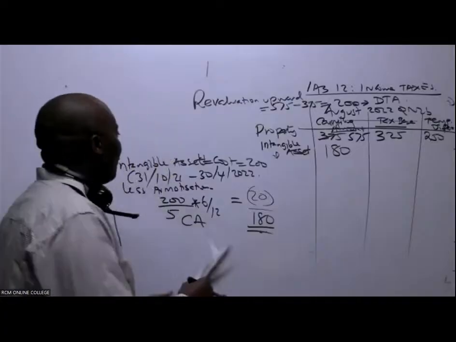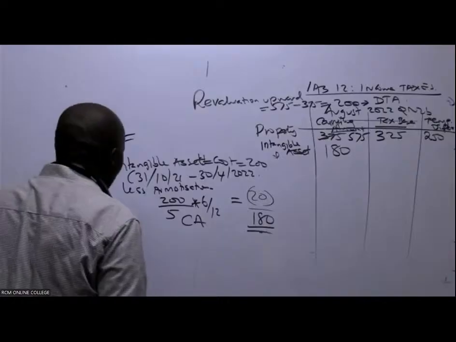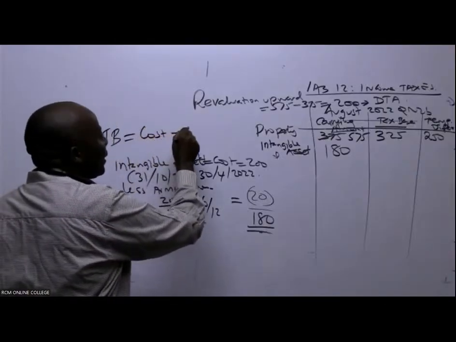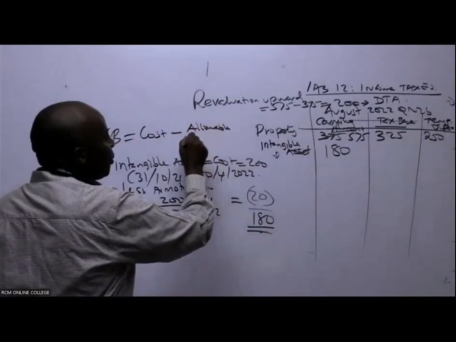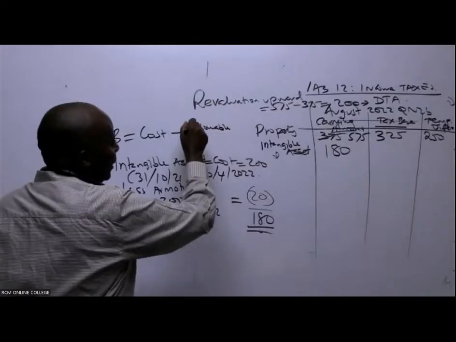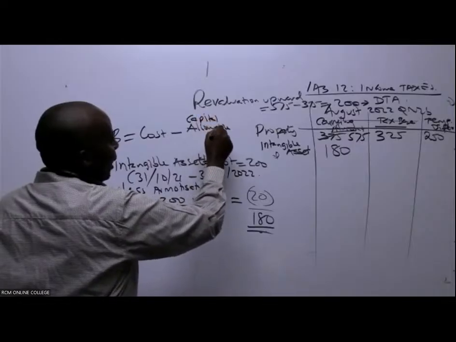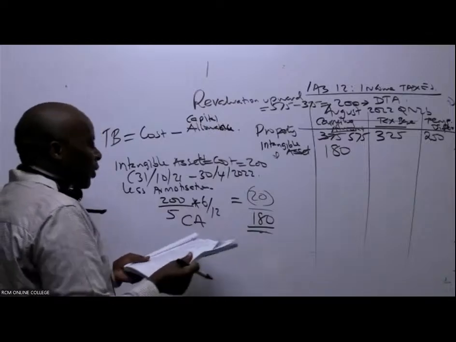So, ladies and gentlemen, remember for the tax base, and I'm explaining this for the very last time, the tax base should always be equal to cost, less capital allowance. So what have they told us regarding this intangible asset?